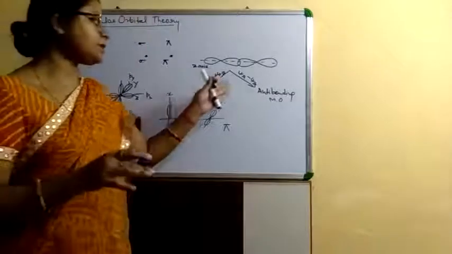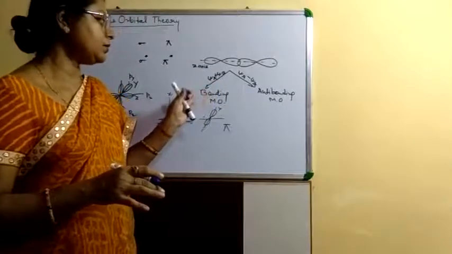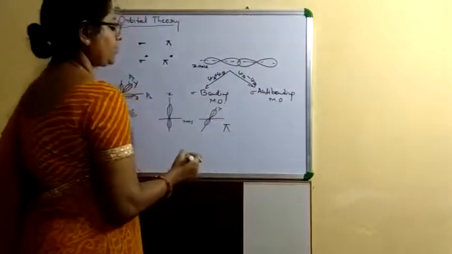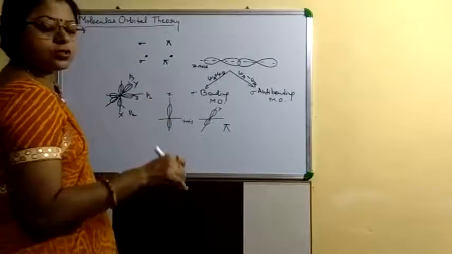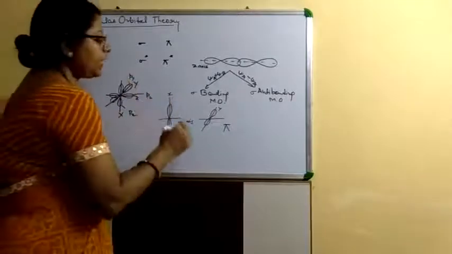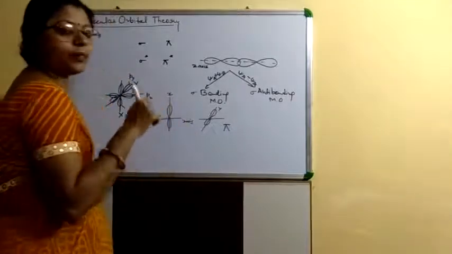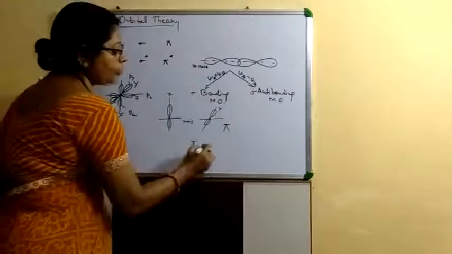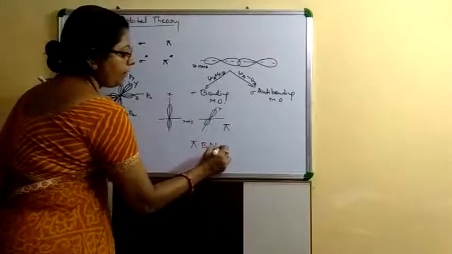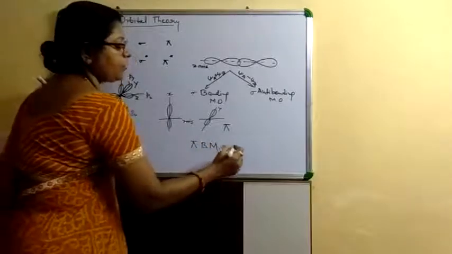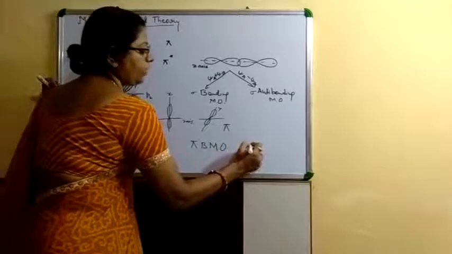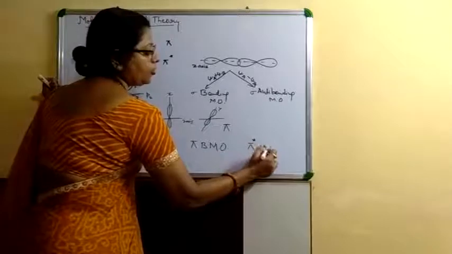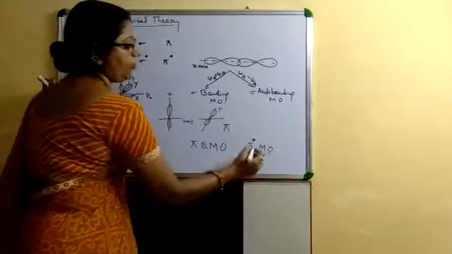Similarly, as sigma bonds give sigma bonding and sigma antibonding orbitals, the pi orbitals are also formed: if the atomic orbitals are in the same phase, pi bonding molecular orbitals are formed, but if they are in opposite phase, pi antibonding molecular orbitals are formed.